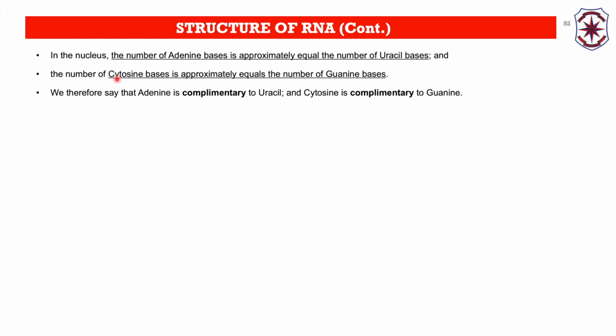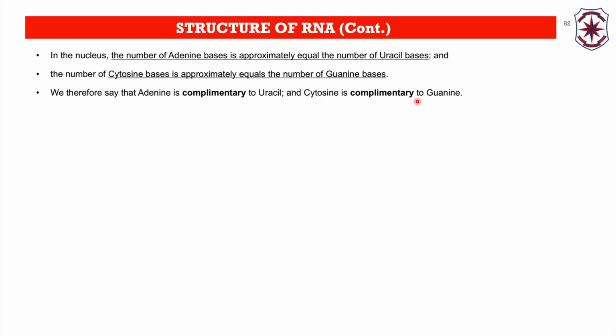Cytosines, if we have 10,000, we will approximately have 10,000 guanines as well. So the number of cytosine and the number of guanine are the same. Same goes with the number of adenine, and the number of uracil bases as well are the same. So we therefore say that adenine is complementary to uracil and cytosine is complementary to guanine.